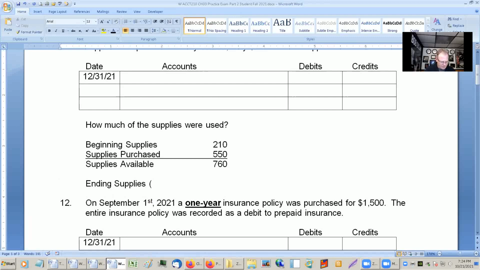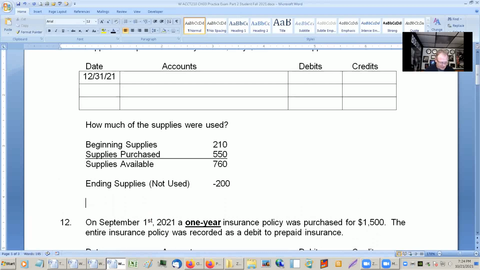And ending supplies were not used, so we're going to subtract those out. And that will leave what supplies used were. 560, right? Yep. Okay.